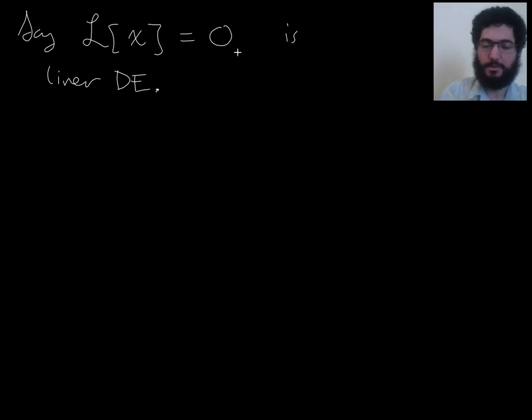So let's say we have a linear differential equation, like linear operator applied to x equals 0 is some linear differential equation. Homogeneous, that's why I'm putting 0 on the right hand side. And say you have a complex solution.